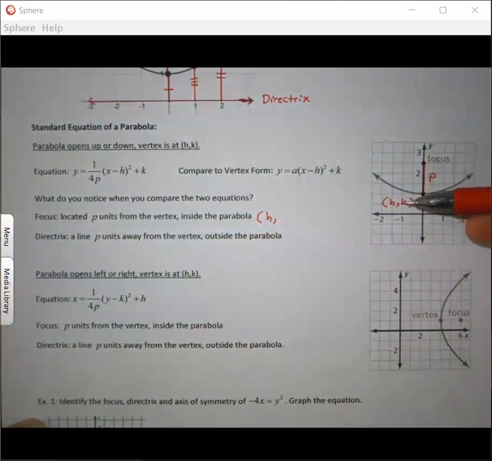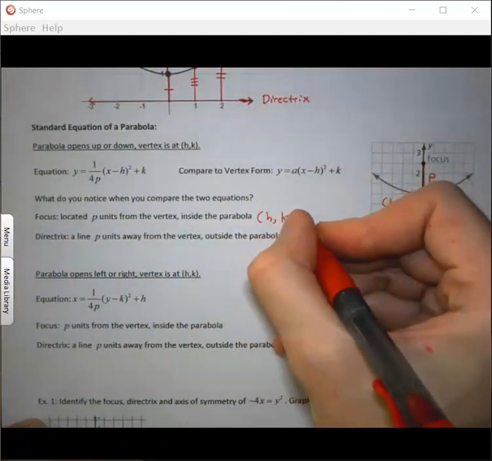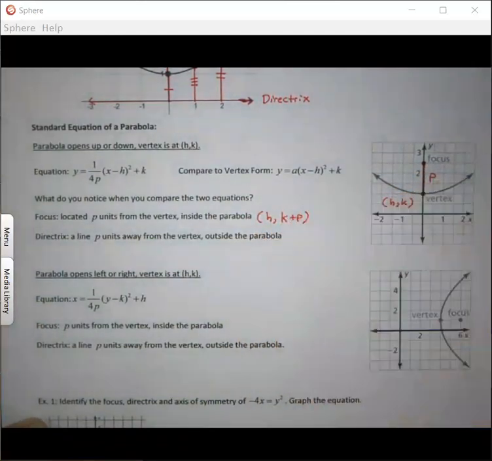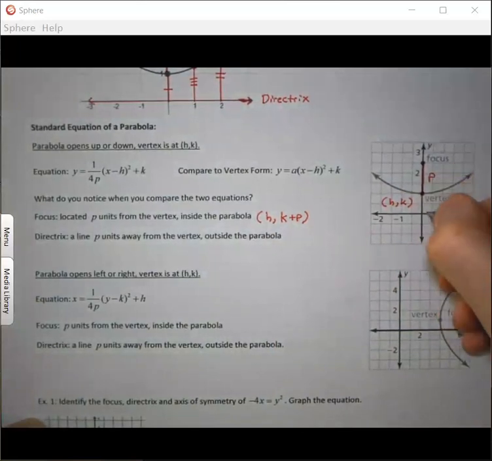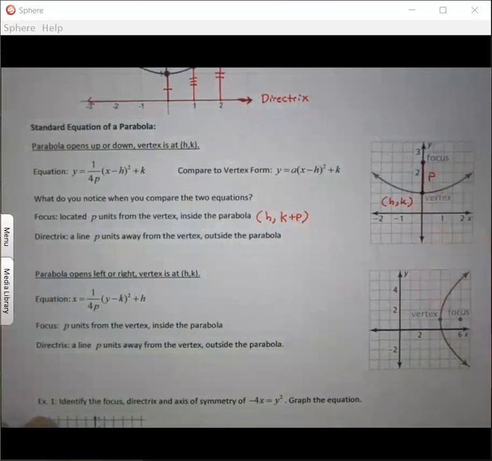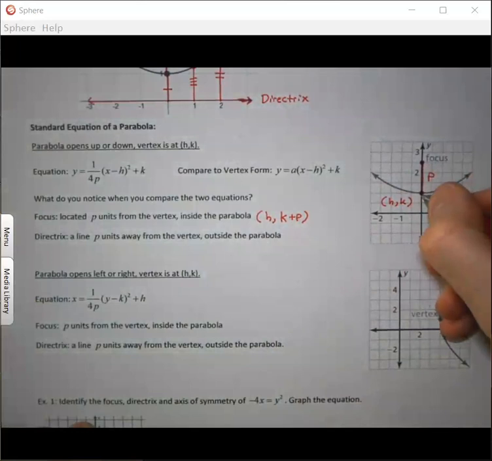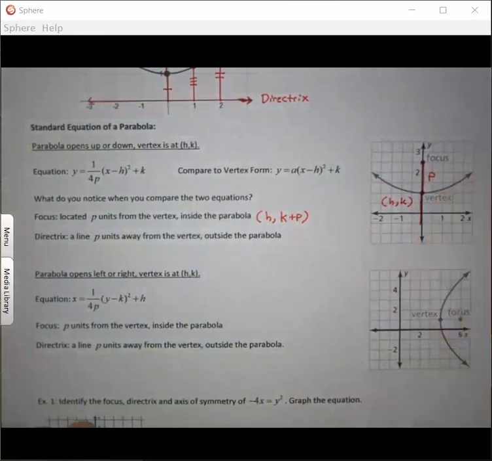So from k, we go up p, or k plus p will get us to our focus. The distance from the vertex to the focus is going to be the same from our vertex to our directrix, so that is also p.